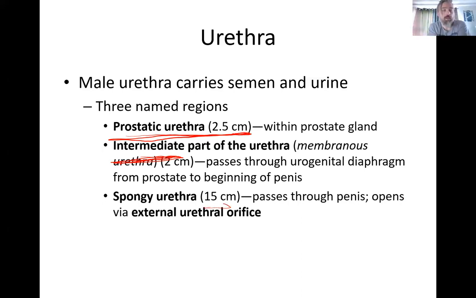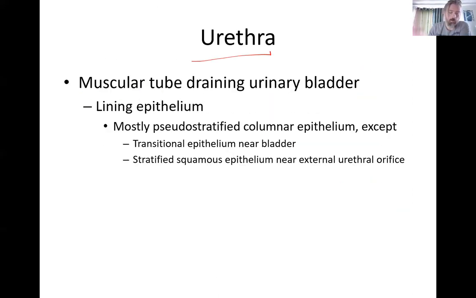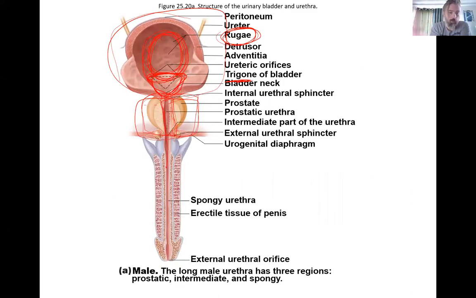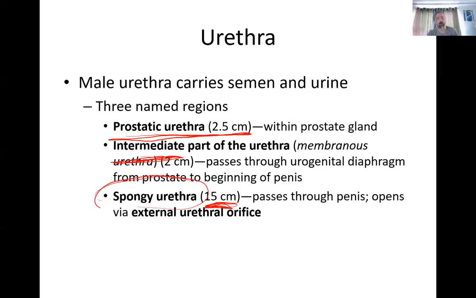And then about 15 centimeters within the penis, that is the spongy urethra, and that's this part. So the spongy urethra, intermediate urethra, prostatic urethra. Because we have to pass through all those additional parts, that's why it's a little bit longer.